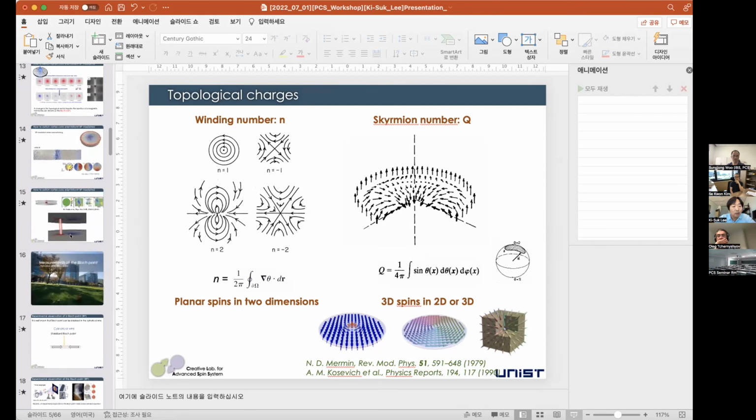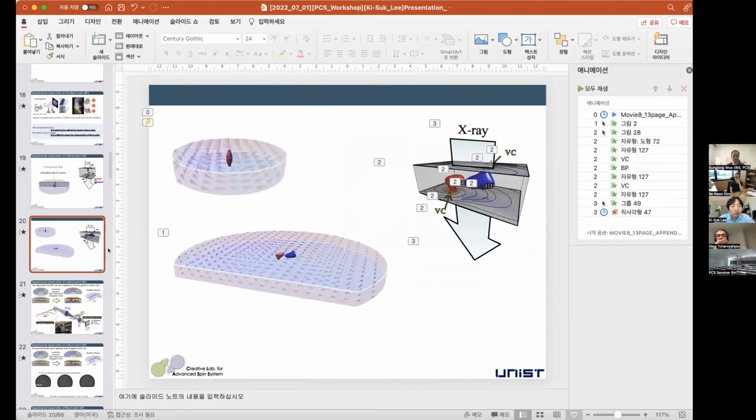Here we just think about very small magnetic vortex-core structures, but if we elongate a lot of these core structures, then we would find many Bloch point structures. So we could utilize the position of the Bloch point as an information carrier, or I'm not sure.